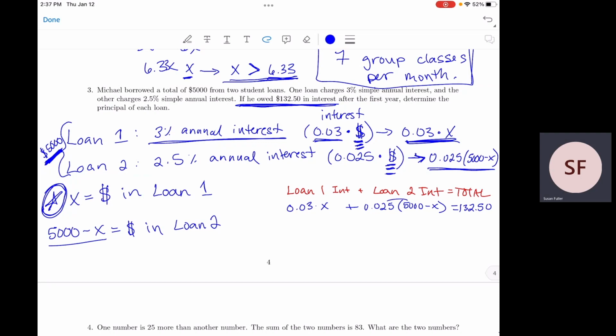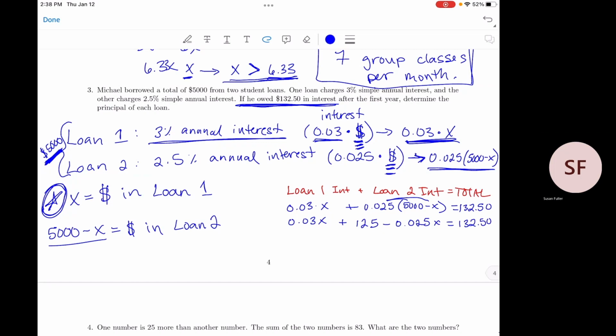So to start, we'll distribute that decimal. I'm going to have 0.03x plus the 0.025 times 5,000, which is 125, minus 0.025x equals $132.50.